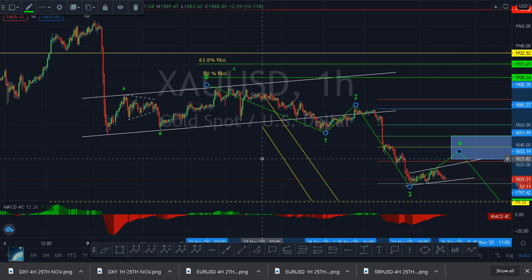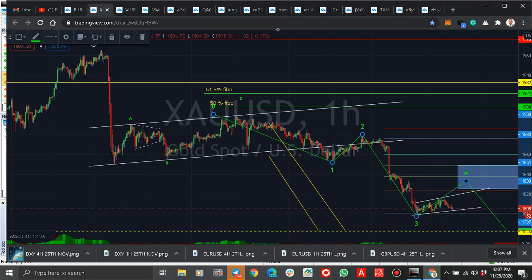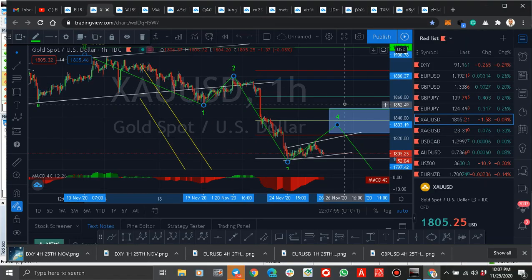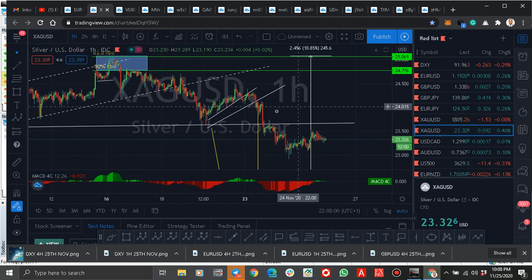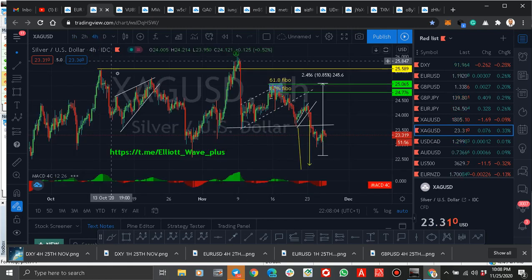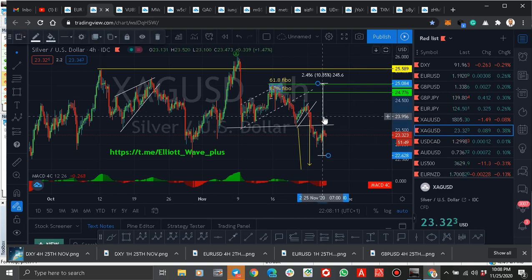Gold and silver are the same. I noticed something this week. Let me tell you. Silver and gold used to move at the same speed, but right now silver is somehow withdrawing from gold.